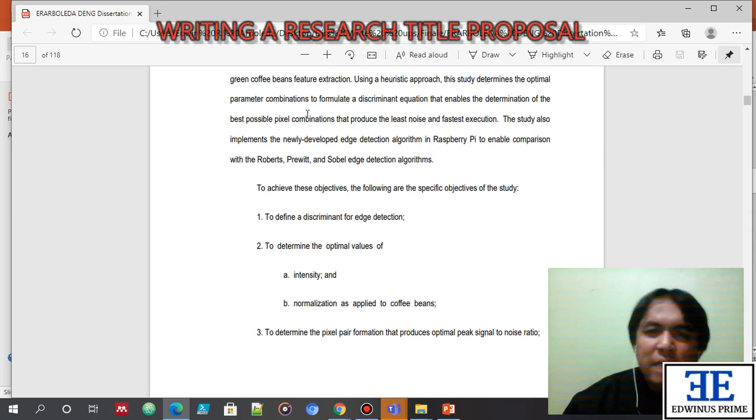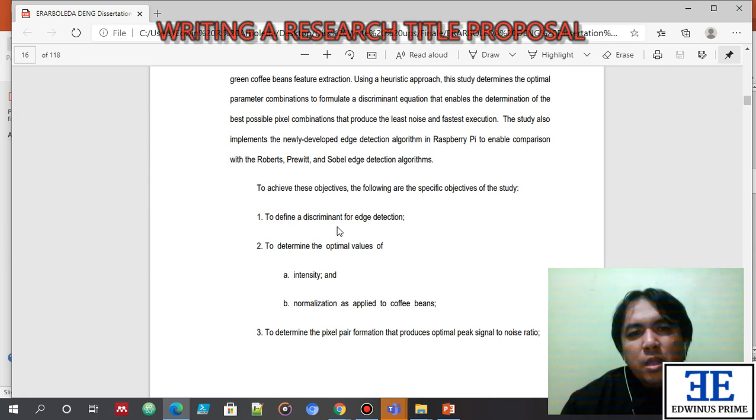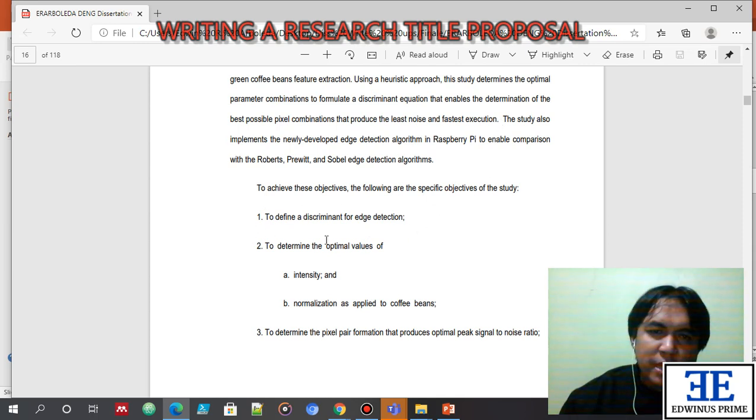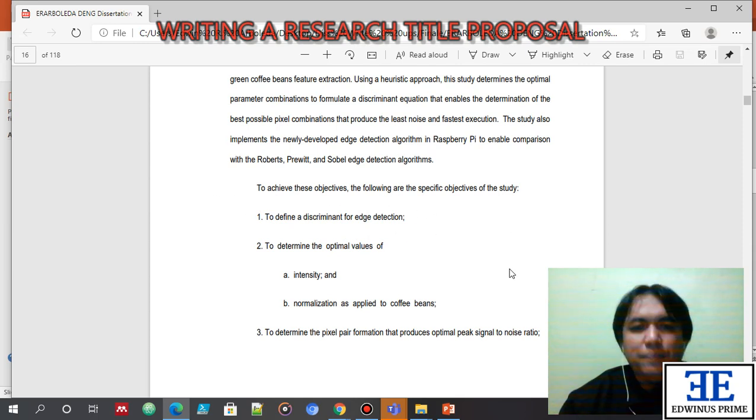In order to arrive at the main objective, you need to do the specific objectives. What are the things that will contribute to the achievement of the main objective? That is the specific objective. For example, in order to achieve the main objective, I need to create a mathematical formula.